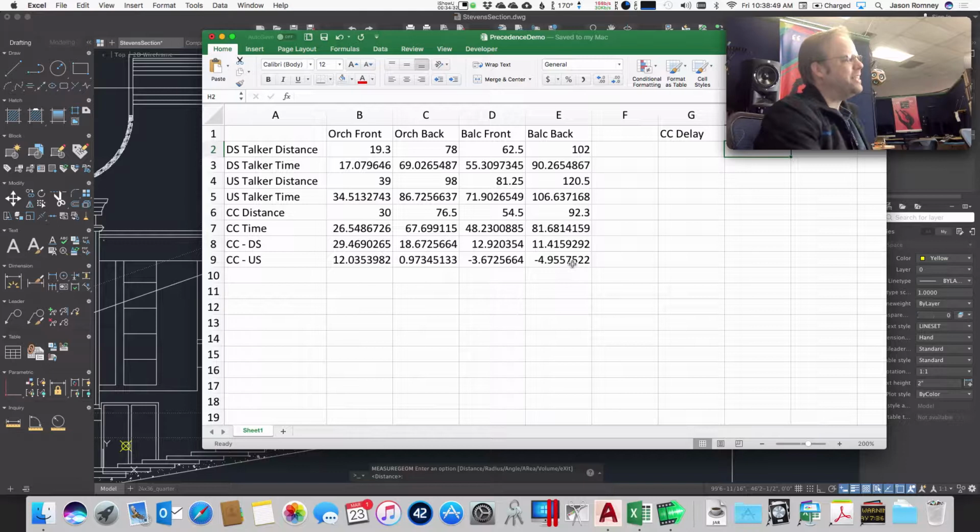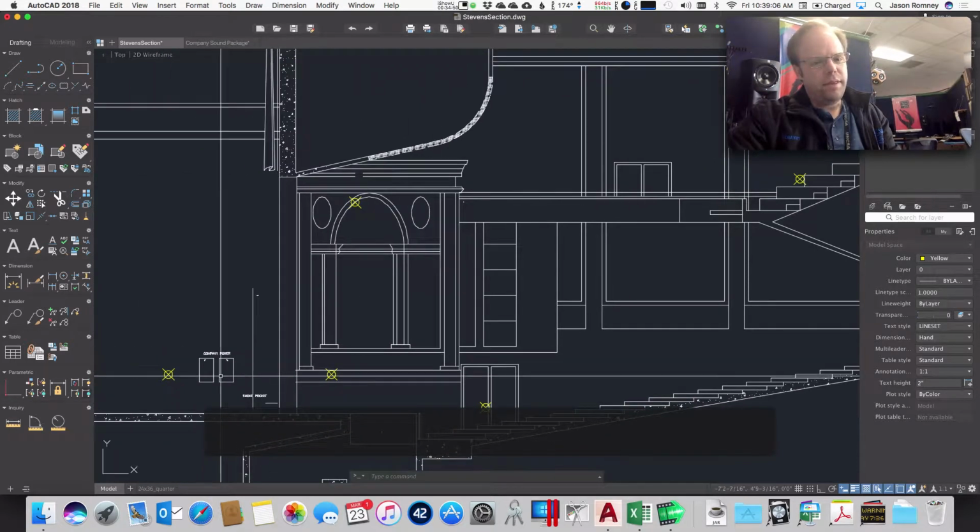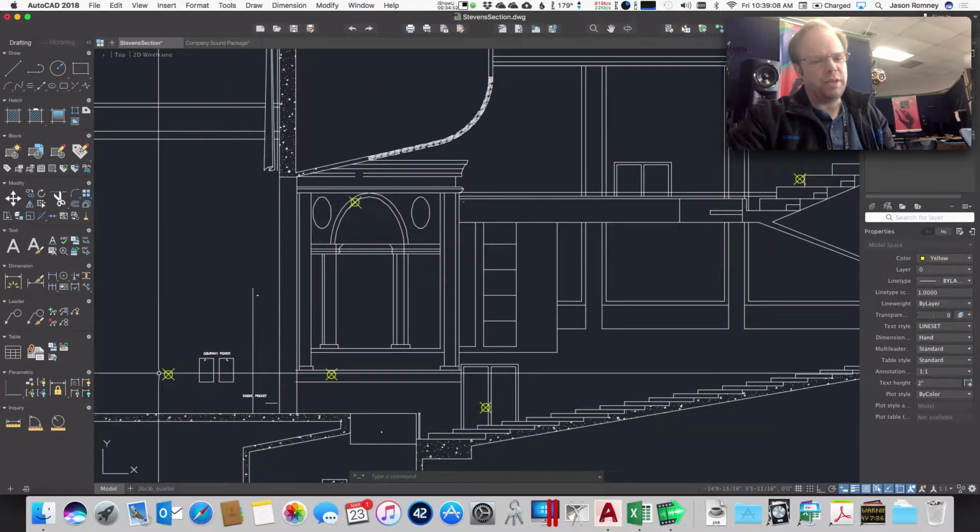But what you do need is actors that don't move. And that's what a front fill can do: it can pretend to be an actor that doesn't move around.